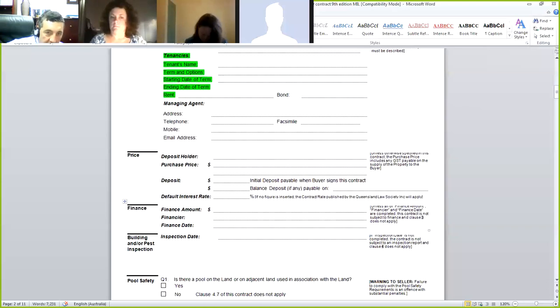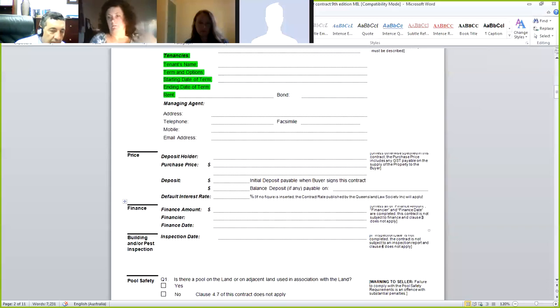The reason, in my view, you should be quite specific when talking about the finance details when acting for a buyer is that if the buyer is unable to obtain the amount of money which is being sought from the financier in question, then the buyer has the opportunity to terminate the contract, call it off, and recover the deposit.